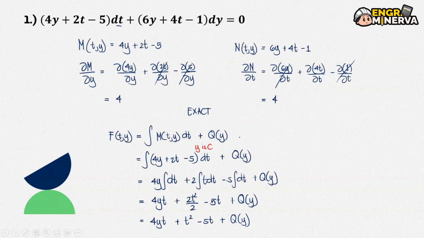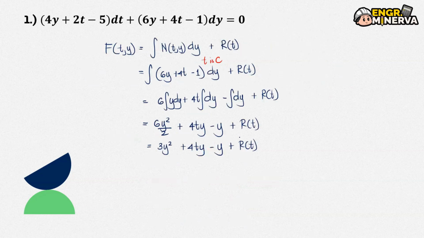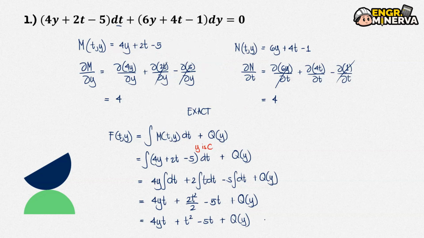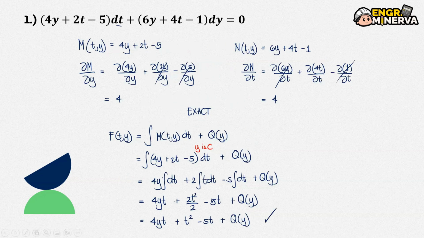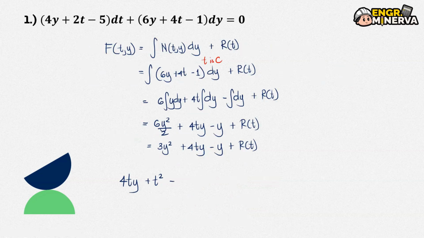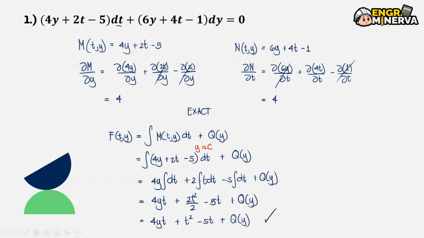So again, for our final answer, we'll just pick one. Let's just pick this answer, that is 4ty plus t squared minus 5t plus a function of y.